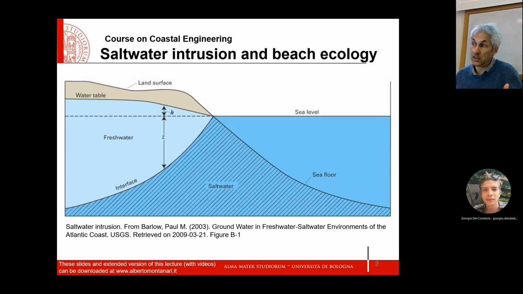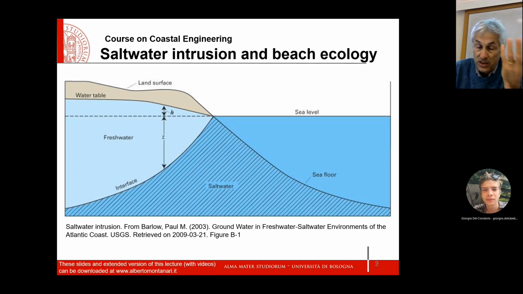This competition ends up with a kind of interface, which is depicted here as a sudden interface. Actually, there is a dispersion zone, a mixing zone, but it is convenient here to depict it as a sudden interface. And of course, it wins the water that is higher in level, and fresh water has to be a little bit higher than necessary because it's lighter in weight.